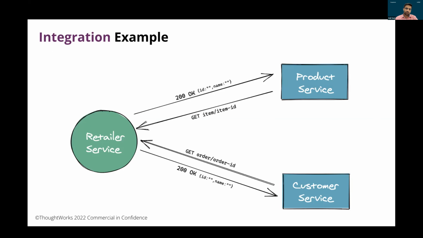Since the product service is expecting a response from the retailer service, the retailer service is termed a provider, whereas the product service, since it is consuming the API, is termed a consumer. The same goes for the customer service. For our demo purpose, we will use the same diagram and the same APIs to show the demo for Pact.